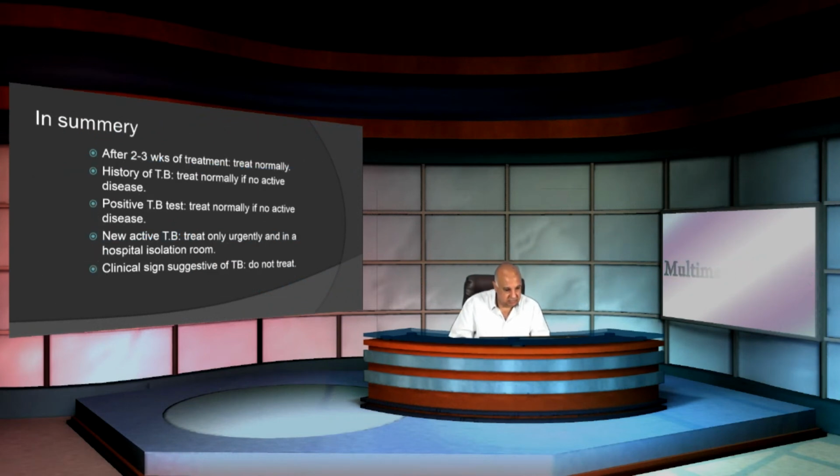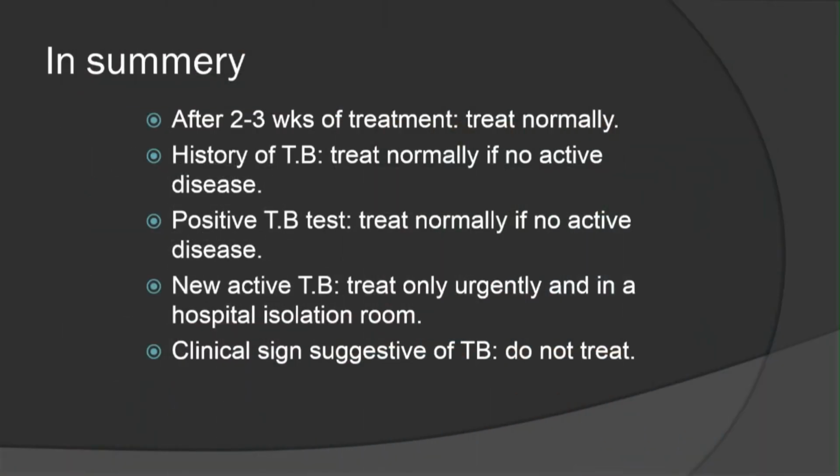So in summary, for the dental management of a patient with pulmonary TB, first of all, after 2 to 3 weeks of treatment, if the patient is taking, for example, rifampicin, isoniazid, and pyrazinamide, we can give normal dental treatment.